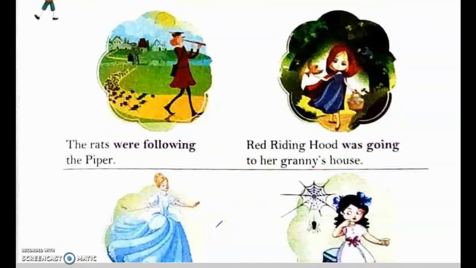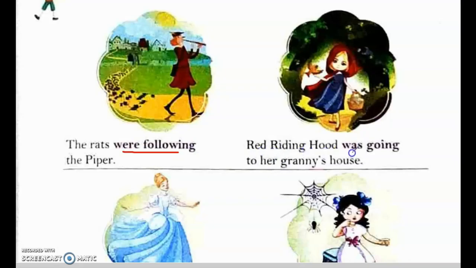Now let us see the first sentence. The rats were following the piper. We can see rats here. They were following. The rats were following the piper. So what are the highlighted words here? Were following.